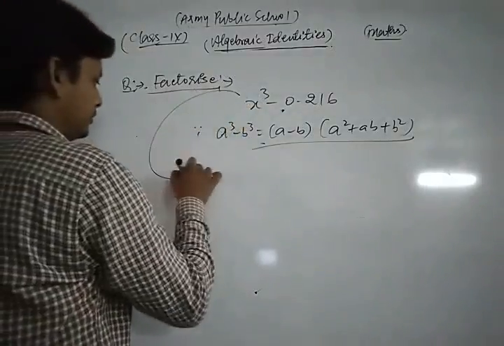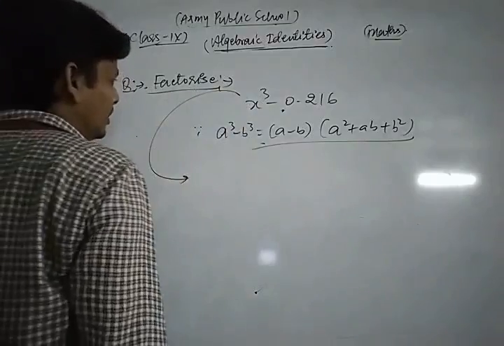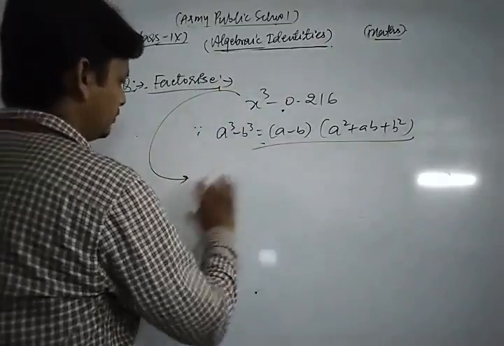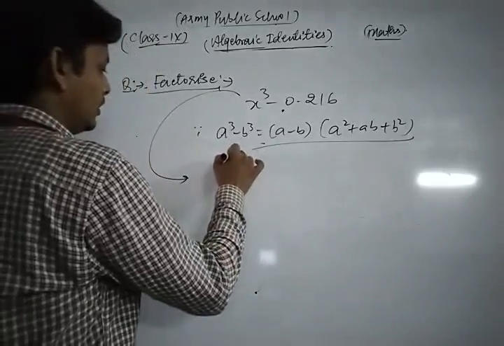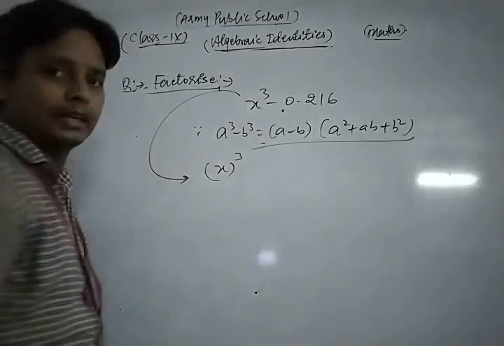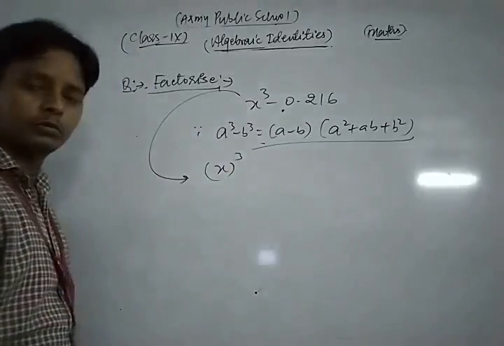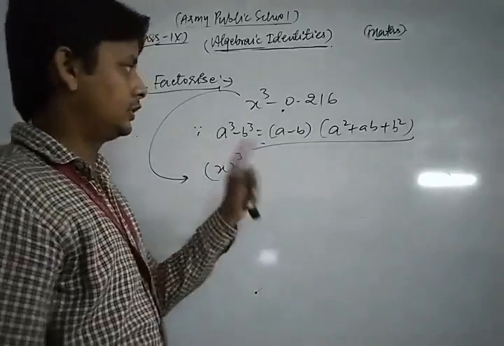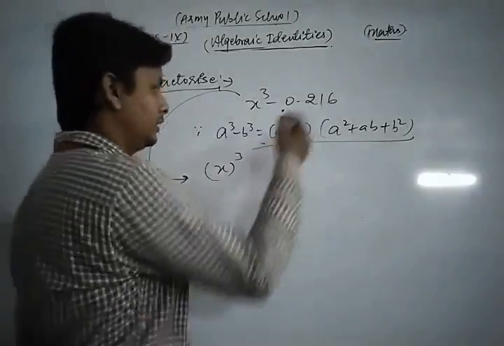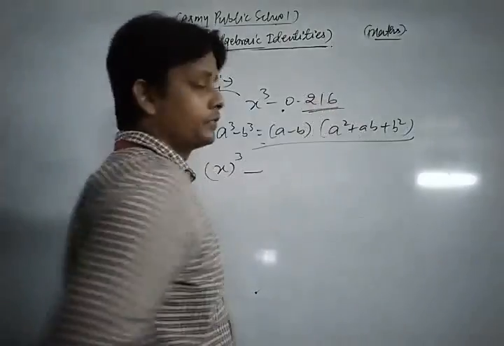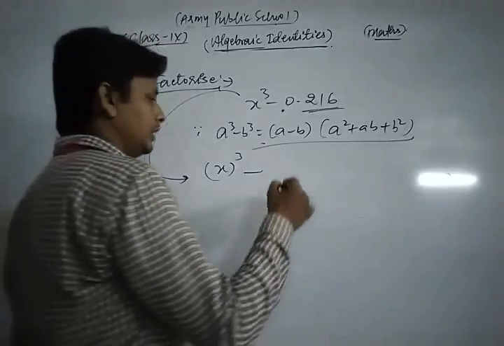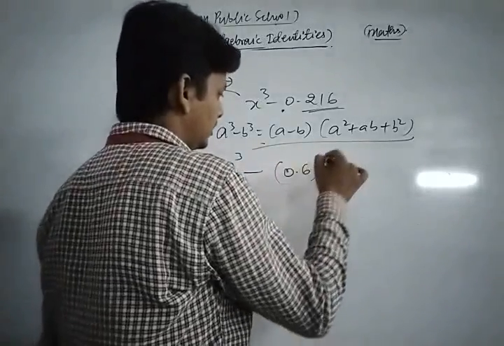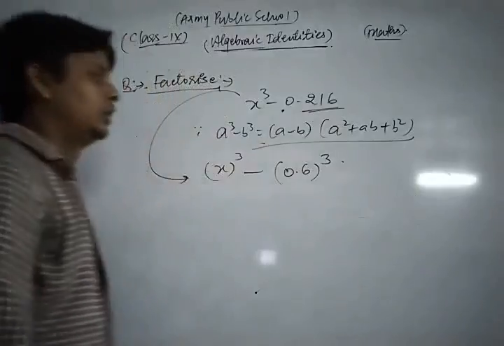Now from these expressions we can write it in this way: x cube, because x into x into x is x cube, and here the cube of 6 is 216, so we can write (0.6) whole cube.